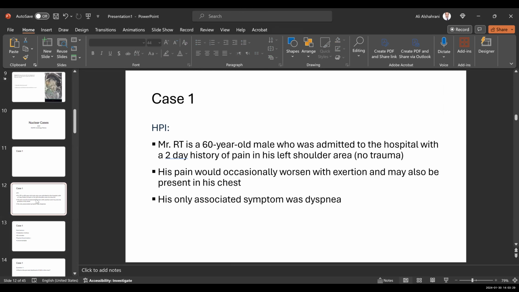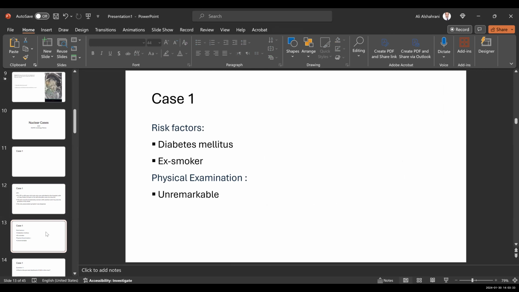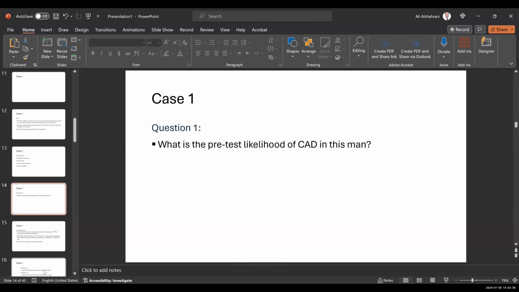His only associated symptom was shortness of breath. He has risk factors of diabetes. He's an ex-smoker, and his physical examination was unremarkable. First thing is, what is the pretest likelihood of chronic obstructive coronary artery disease in this patient?